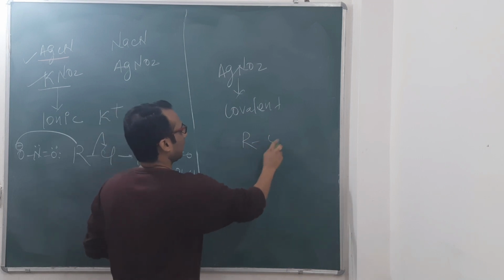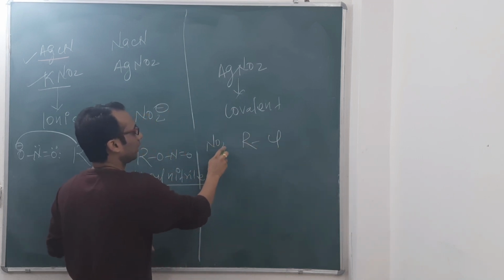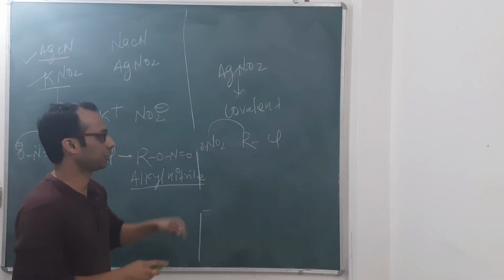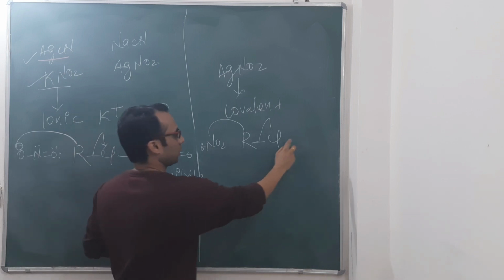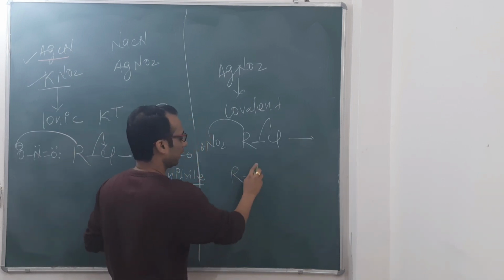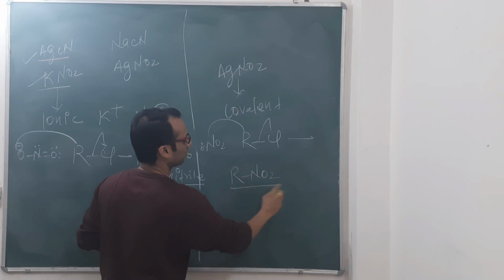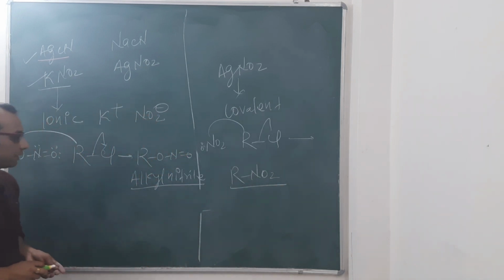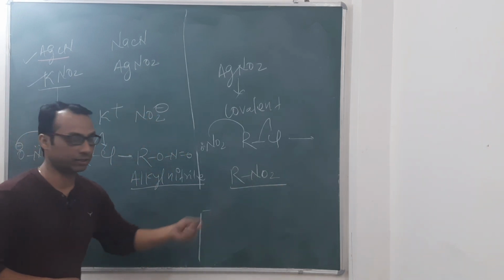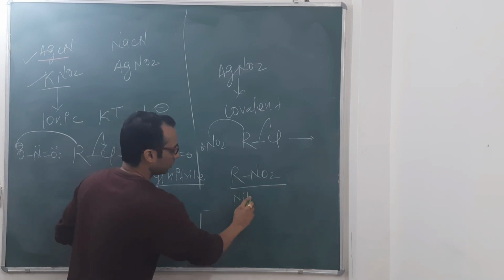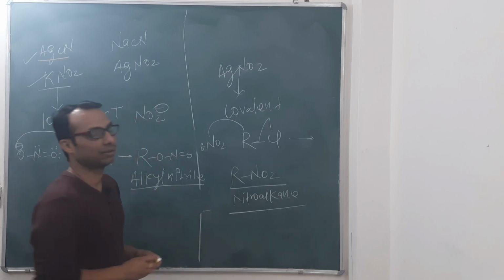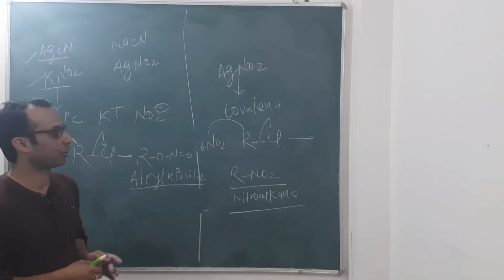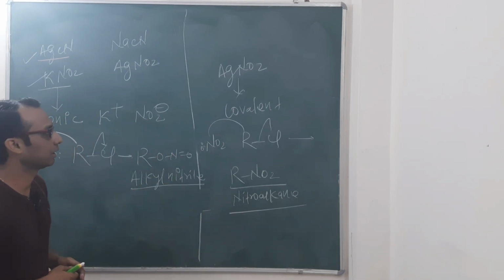When we take the alkyl halide and NO2, here is the lone pair, that is going to attack on the alkyl position, and at the same time the halogen leaves the position. So a nitroalkane is going to be formed. That is the logic, but don't forget the process is going to be the SN2 process.